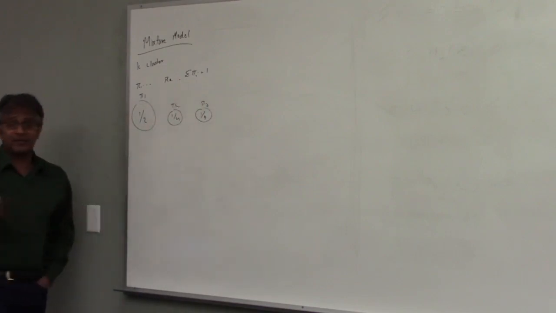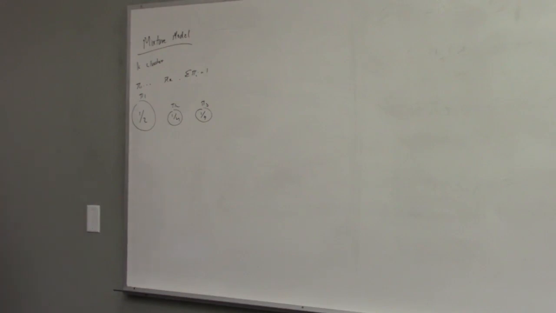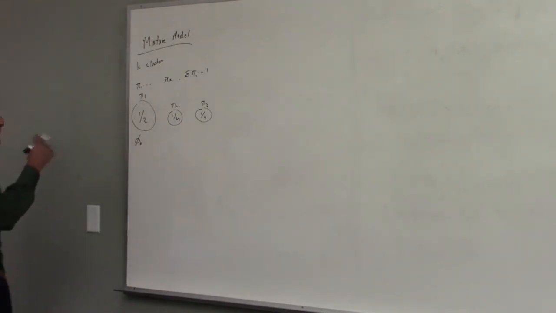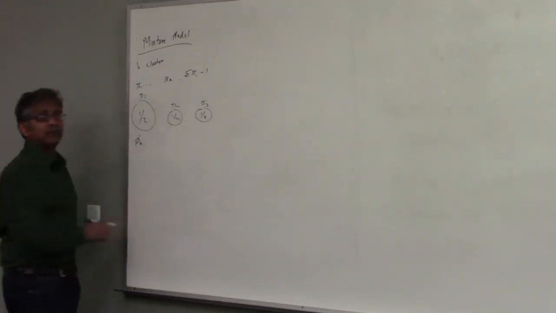But of course, that's not enough, right? Just knowing that I'm likely to be in this cluster with probability half doesn't tell me what this cluster actually looks like. So what you need is some actual information saying that for each cluster, there is some kind of distribution that describes things in that cluster. In the easy case of mixtures of Gaussians, there was one Gaussian for each cluster.